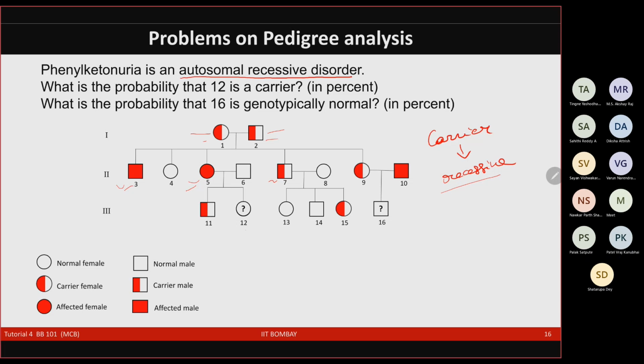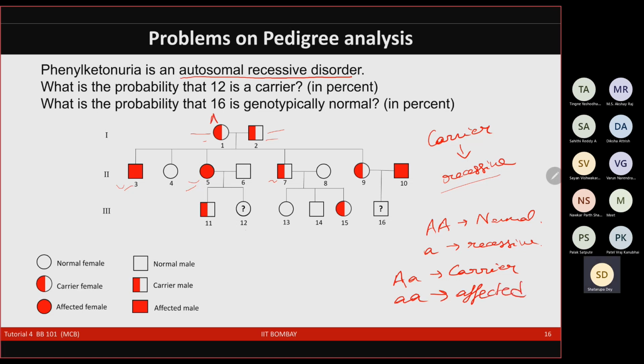I'm just assigning some genes to it. Suppose this is the normal form, and the small a is the recessive gene. So the capital A small a is going to be the carrier, and small a small a is going to be the affected.